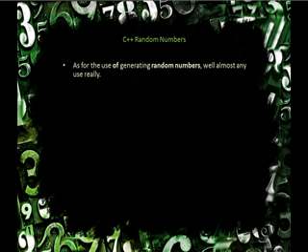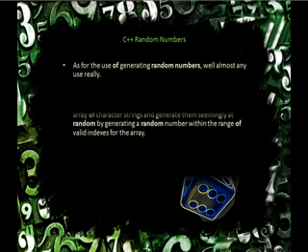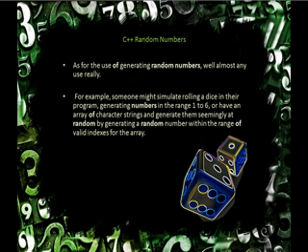C++ random numbers. What use is generating random numbers? Well, almost any use really. For example, someone might simulate rolling a dice in their program, generating numbers in the range 1 to 6, or have an array of character strings and select them at random by generating a random number within the range of valid indexes for the array.